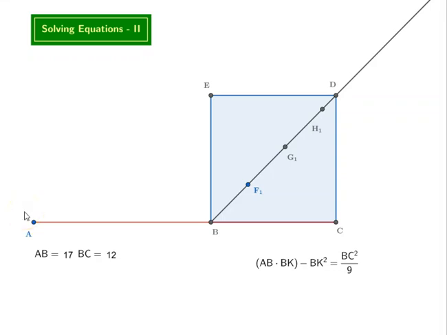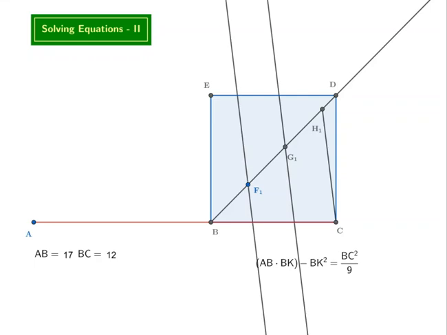Now I join H1 and C and draw a line through G1 and F1 parallel to H1C. So let's draw these two lines parallel to H1C. Now take the intersection of these lines on BC. So this is one point of intersection and this is the other point of intersection.